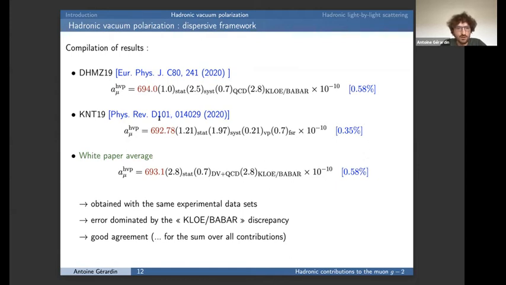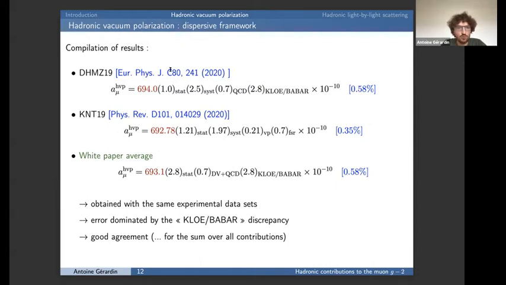And you can also see that there is a relatively good agreement between all the estimates. More importantly, if you look at the white paper estimates, the main sources of errors are the statistical one, but also what is called here this KLOE-BaBar error that we will discuss in the next slide.